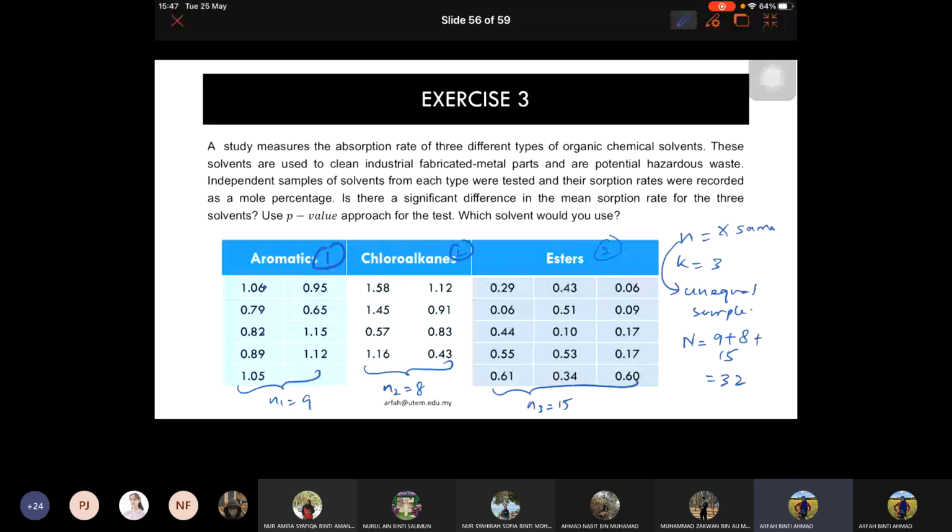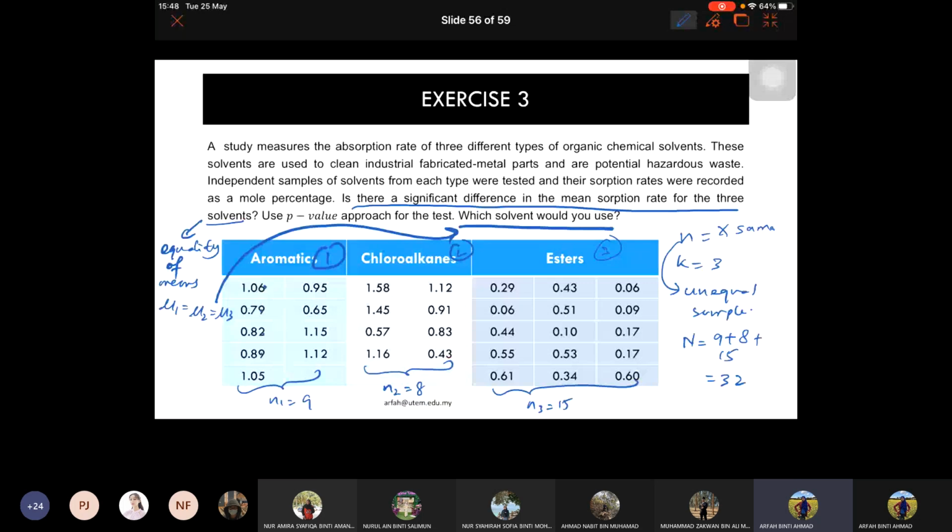So the question: is there a significant difference in the mean absorption rate for the 3 solvents? Use the p-value approach. For this question, we will use hypothesis testing for the equality of means. We want to answer whether mu1 equals mu2 equals mu3. The question asks which solvent will you use?